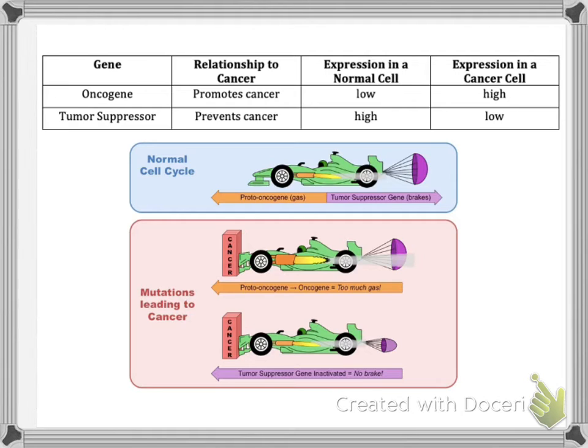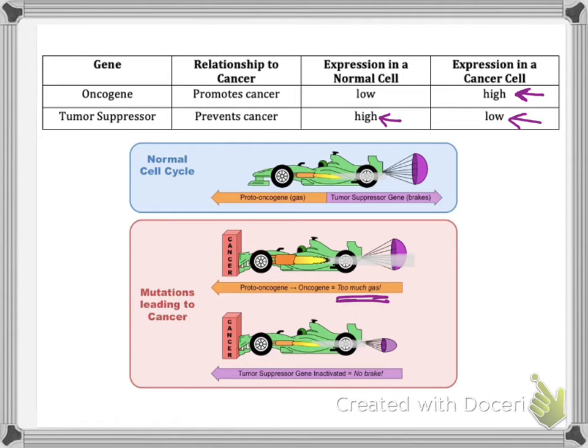But when we get to cancer, we have high expression. That's the stuck gas pedal, okay? So it's got too much gas. It's making it go too fast. A tumor suppressor gene prevents cancer. They are very active in normal cells, but in cancer cells, their activity is low.